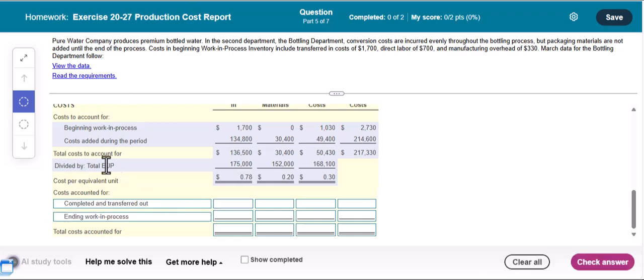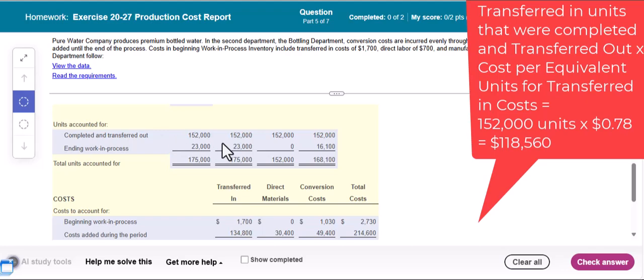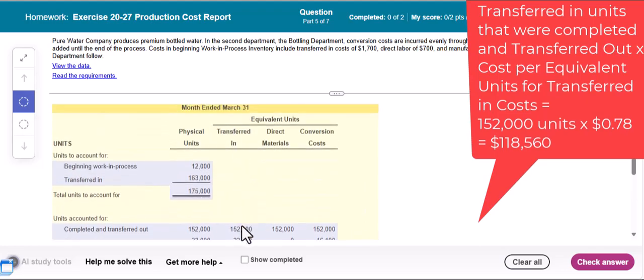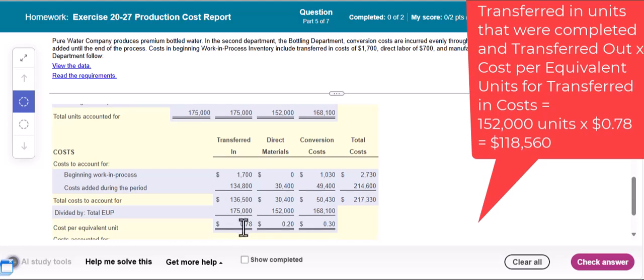How we're going to do that is we're going to go back up to the first portion of our problem, the units accounted for, and go to transferred in. We have completed and transferred out, which is what we're working on below, for 152,000 units, and we're going to multiply this 152,000 units by the cost per equivalent unit of 78 cents.